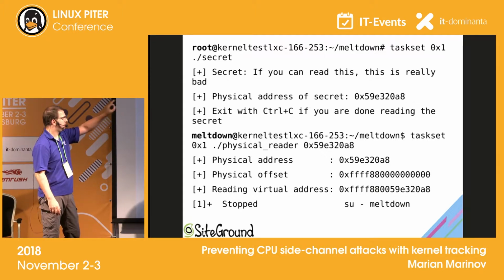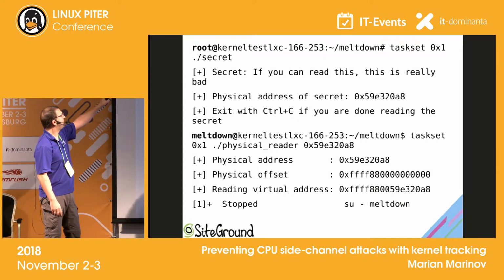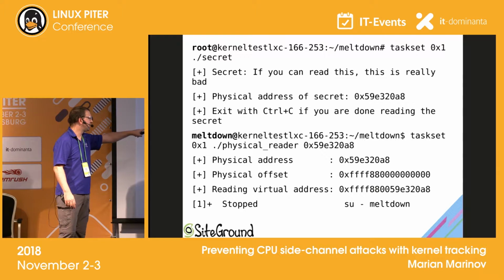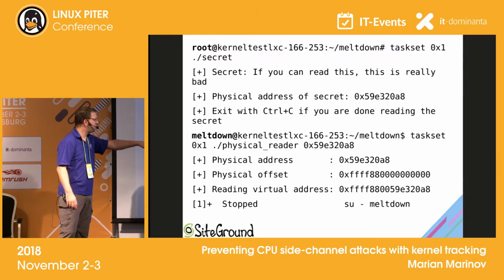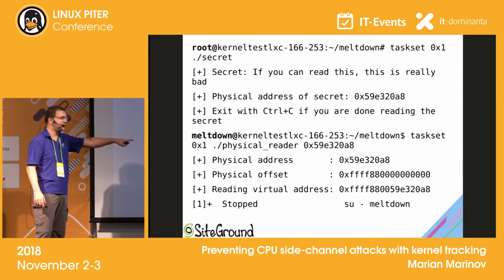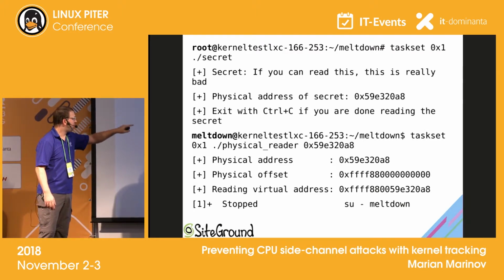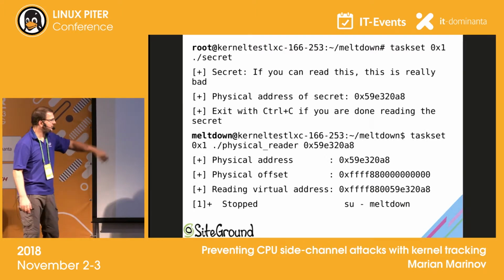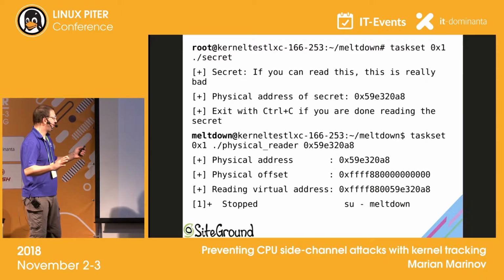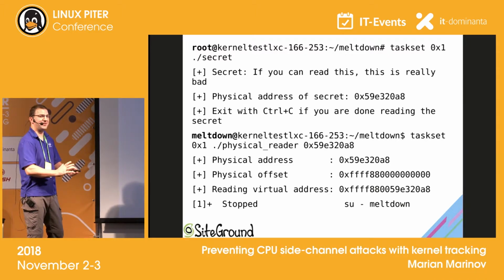You task set affinity to this secret that is on the root user, and on the Meltdown user, you do the physical read from the same address. And the moment you start this program, because I did su to the Meltdown user, both the physical reader task and the su task are stopped. And with this, we prevent the attack.